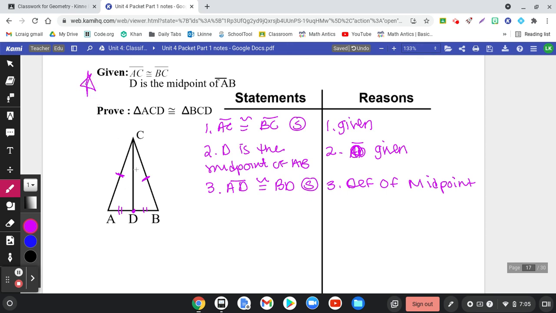But we do have one other thing that's the same on both triangles, and that's that shared side. So once again, we can say CD is congruent to CD. And don't change the order. Don't say CD is congruent to DC. Just that segment's the same in both triangles by the reflexive property.